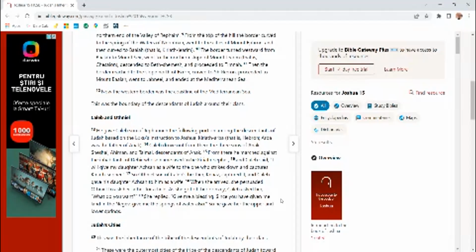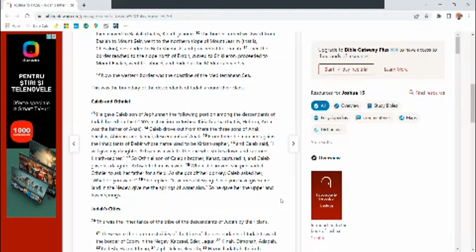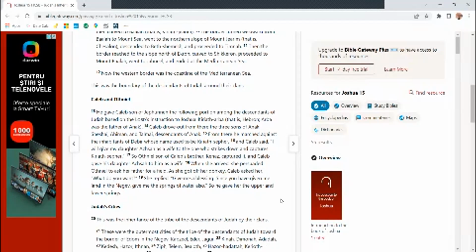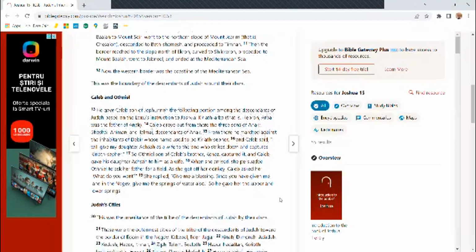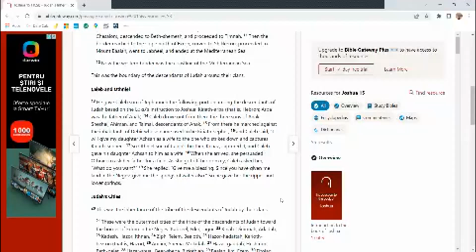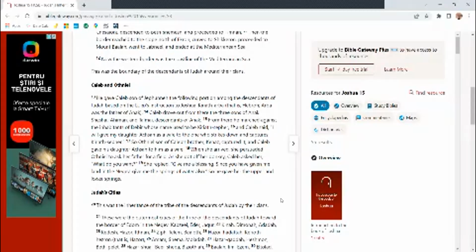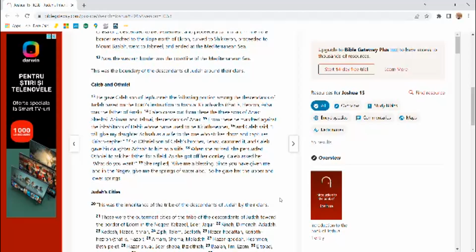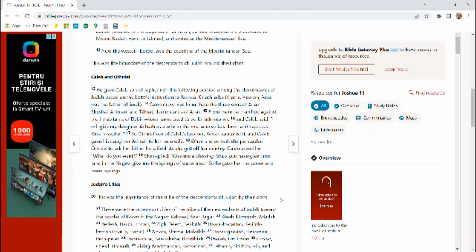The border turned westward from Baalah to Mount Seir, went to the northern slope of Mount Jearim, that is Chesalon, descended to Beth Shemesh, and proceeded to Timnah. Then the border reached out to the slope of Ekron, curved to Shikkeron, proceeded to Mount Baalah, went to Jabneel, and ended at the Mediterranean Sea.